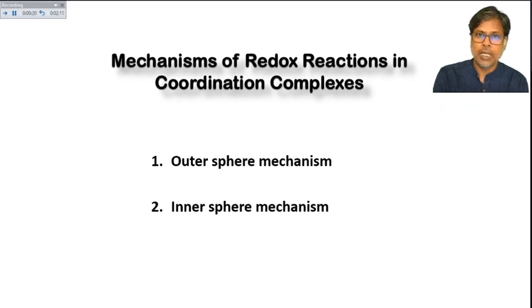I'm going to talk in detail about both mechanisms. First, let me take the outer sphere mechanism, in detail, that is the minute step-by-step course of the reaction, how it's going to happen in this outer sphere mechanism.